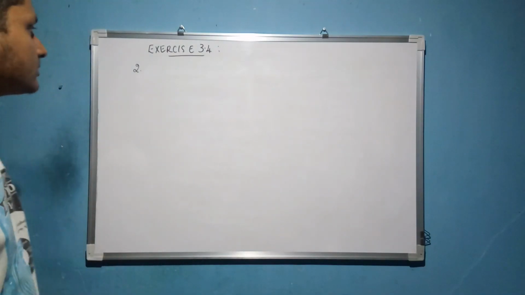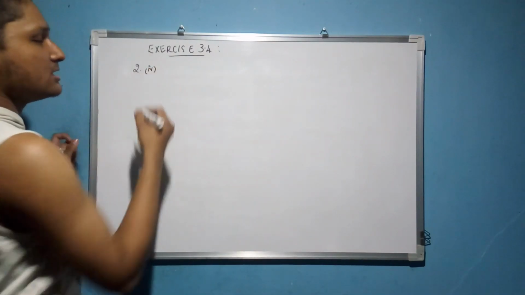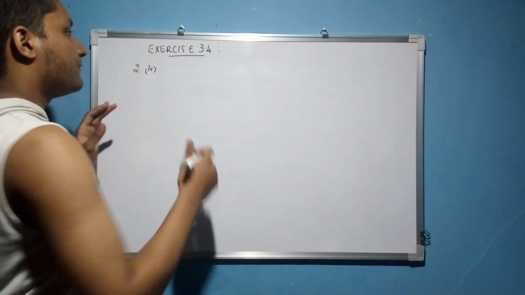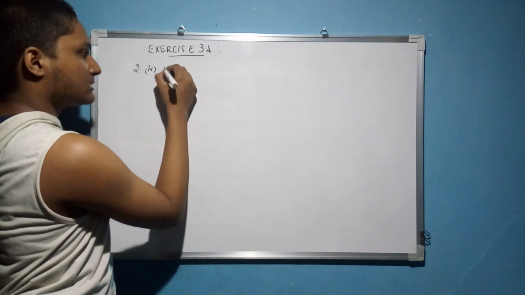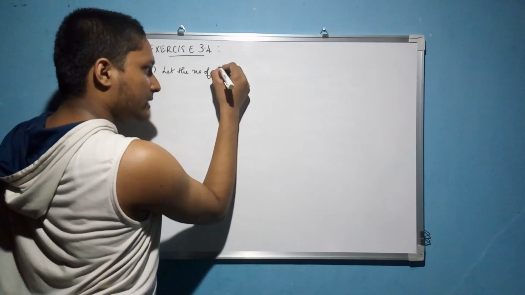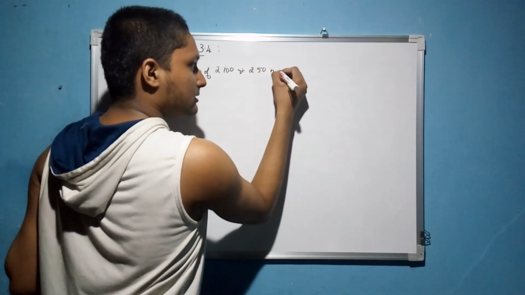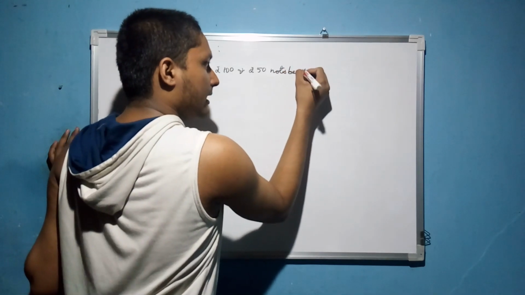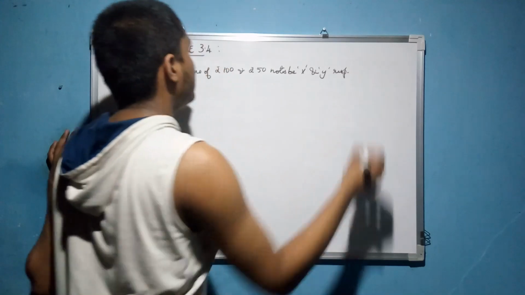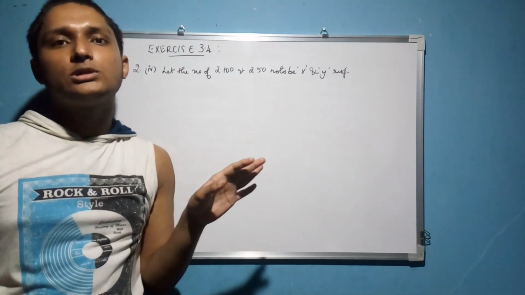You are asked to get only 50 rupees notes and 100 rupees notes. So let the number of rupees 100 and rupees 50 notes be x and y respectively.